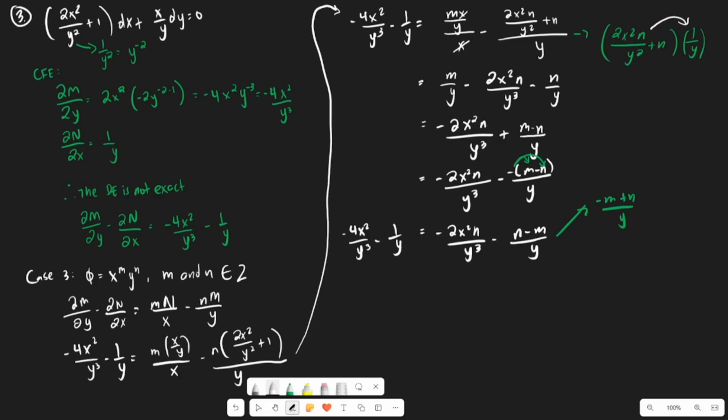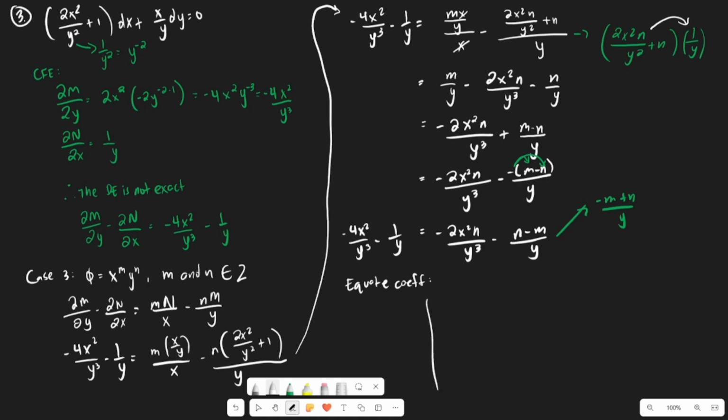So this left side has negative x squared y cubed, and this expression also has negative x squared y cubed. In the same way, this expression has negative the denominator of y, and this expression also has negative the denominator of y. So we can now equate coefficients.